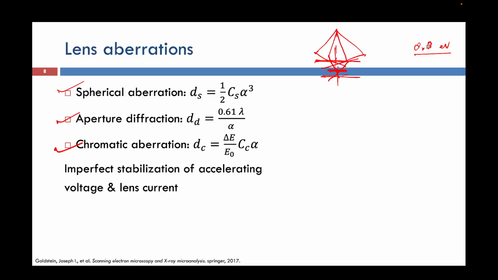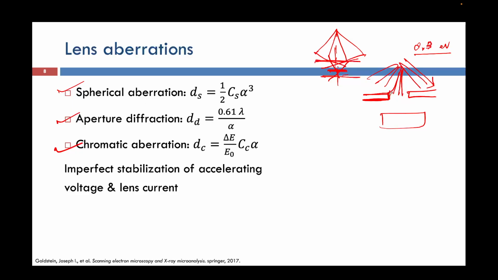What is aperture diffraction? Aperture diffraction means we are inserting some kind of aperture to limit our current. That means unwanted current we don't want to fall on our sample; we only want this amount of current to fall on our sample. But when this current comes in contact with any kind of edges in its path, it will also start diffracting.